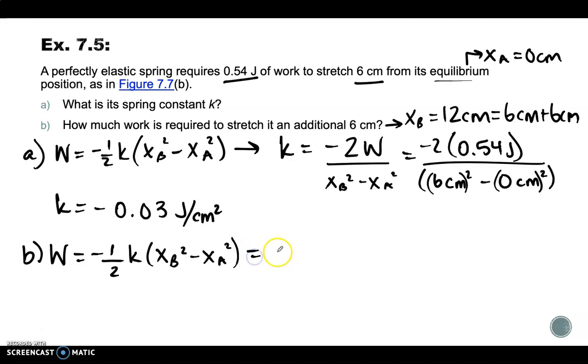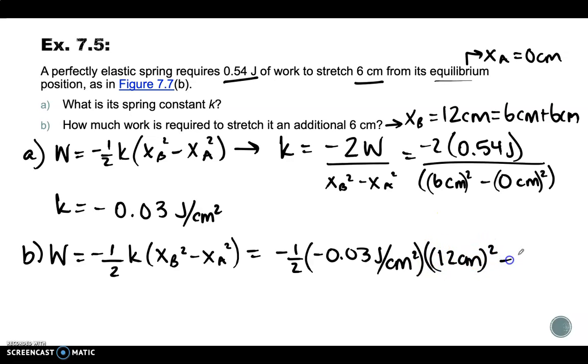So we have negative 1/2 times our spring constant, 0.03 joules per centimeter squared, times x_b, which is now 12 centimeters, minus 0 centimeters, which is our starting position.